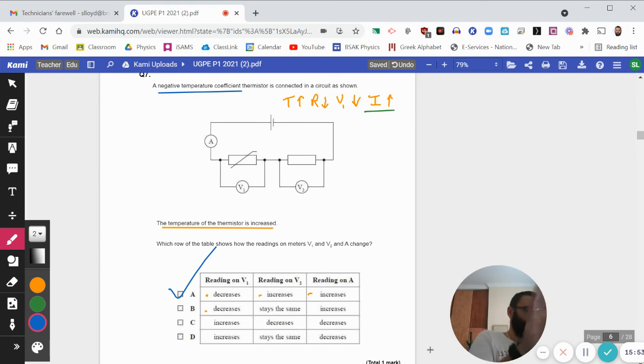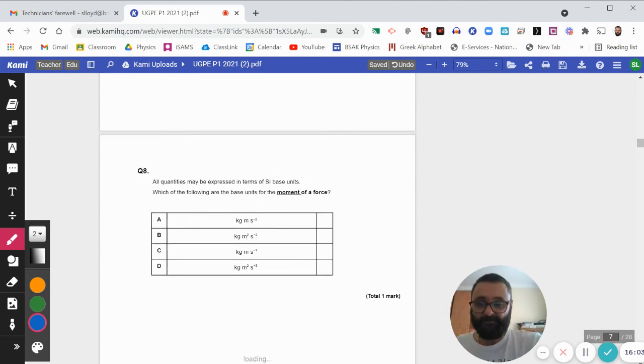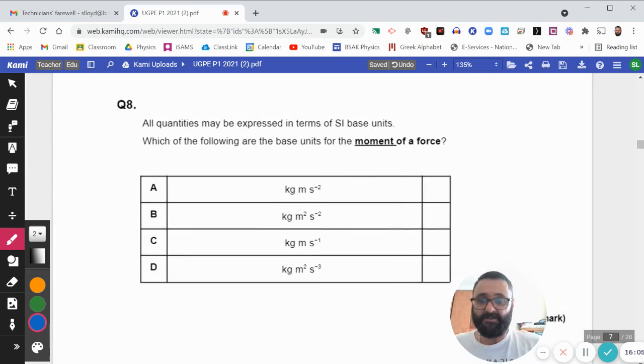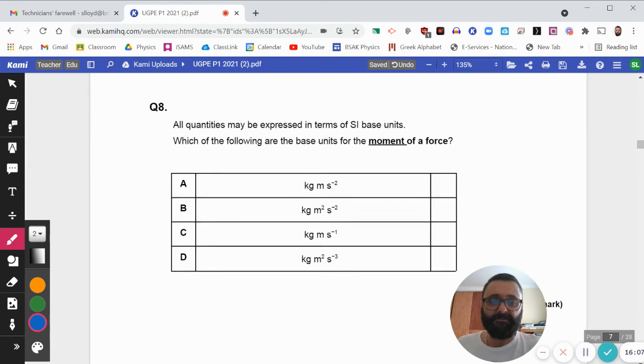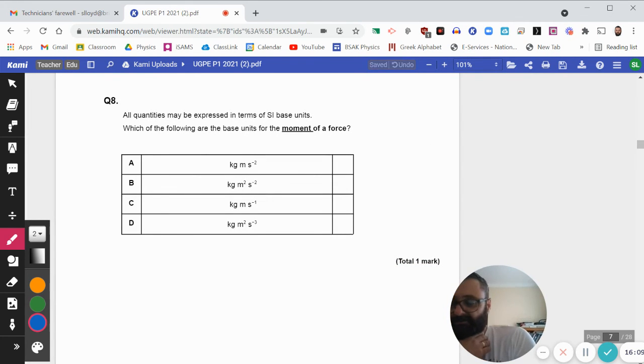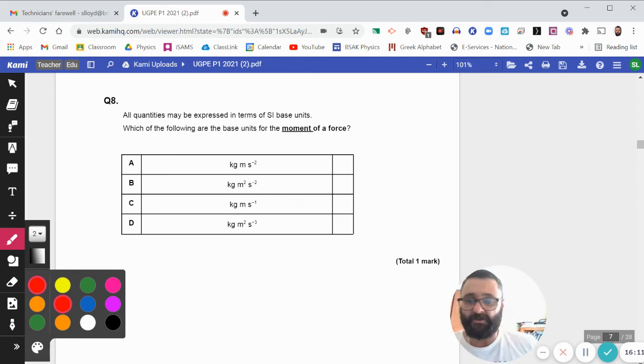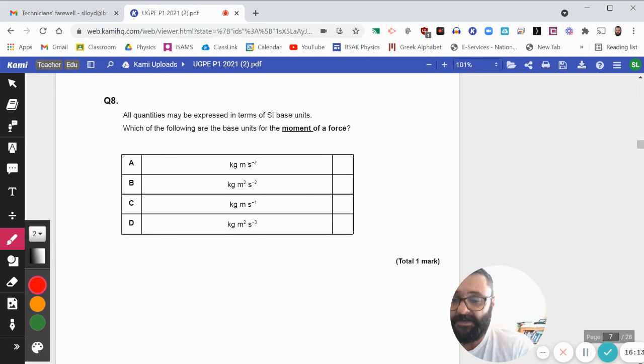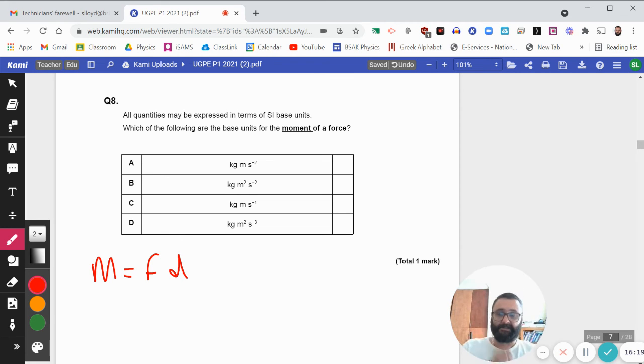Question 8. Almost there. Is that worth 7 marks already? Not really, is it? Base units. But moment of a force. You should be really good at this by now. Write out the equation. Moment equals force times perpendicular distance from the pivot.